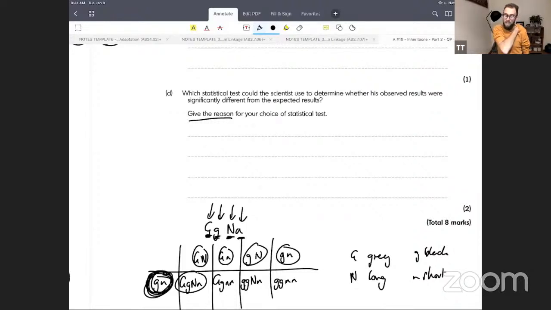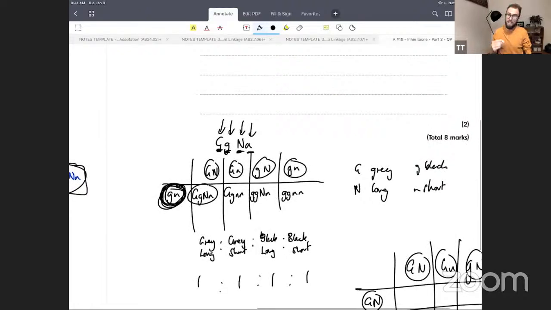That's what you would think to say: observed and expected. Categorical data is what this mark scheme is going to say, because this is actually an AQA question, and that is the AQA wording, but it's looking at categoric data. So the data fits into categories. It is this phenotype or that phenotype, so there are discrete different categories.